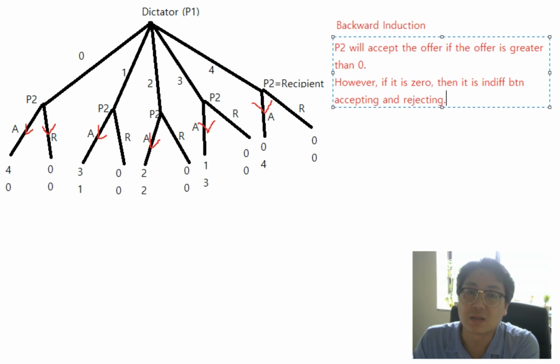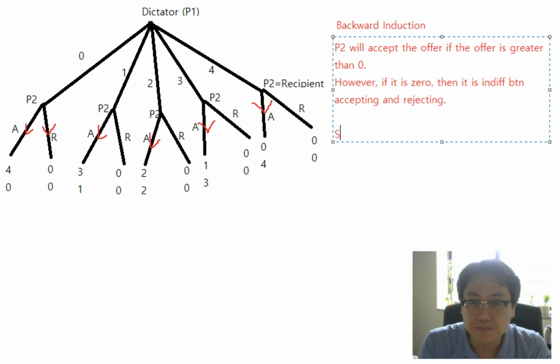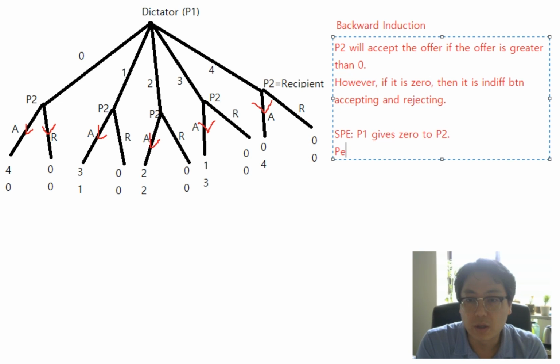So that is a subgame perfect Nash equilibrium. Okay, so the SPE is player 1 gives 0 to player 2 and player 2 takes the offers everywhere.